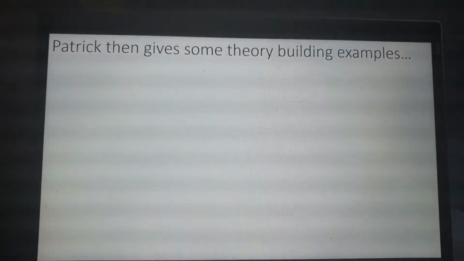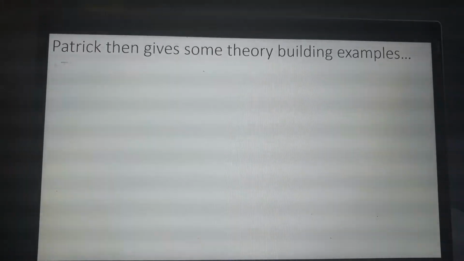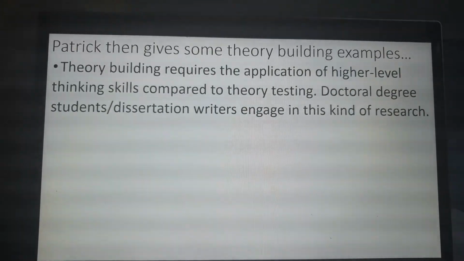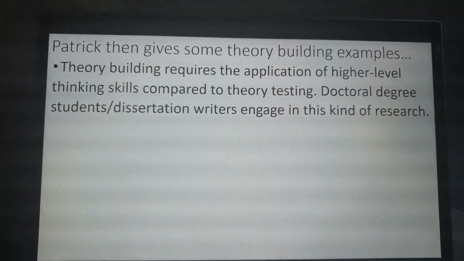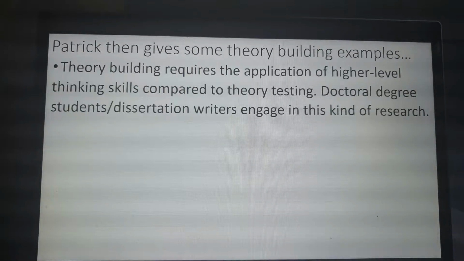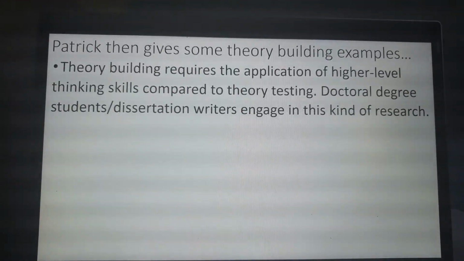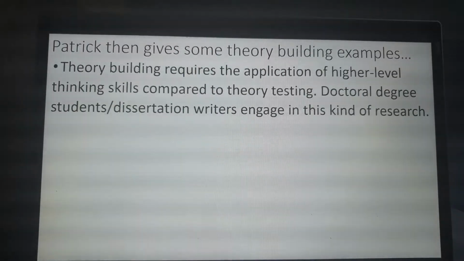But then, Patrick gives some theory building examples. Theory building requires the application of higher level thinking skills compared to theory testing. It says doctoral degree students or dissertation writers engage in this kind of research.